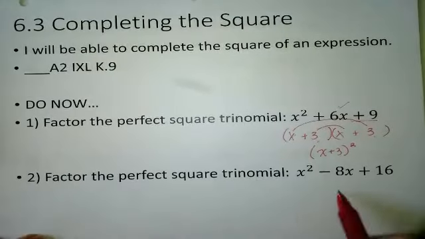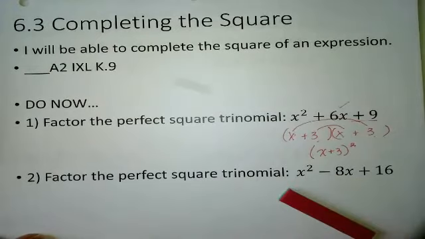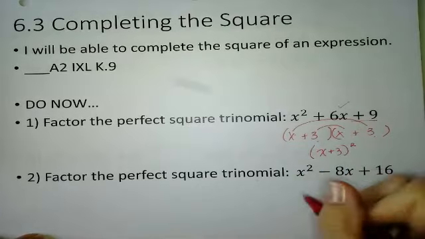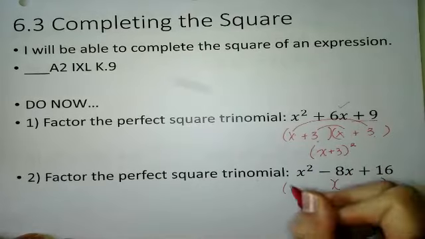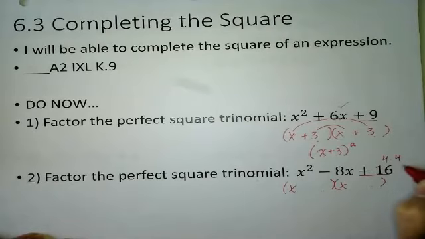And I could do the same thing if I flipped my, this is negative 8x. Well, this is a negative 1x. And if I have 8 of these, they would all be red, and 8 of those red ones. But we can double bubble this as well. So x times x gives you x squared. What times what gives you positive 16? We have 4 times 4, but we also have negative 4 times negative 4, which would work.